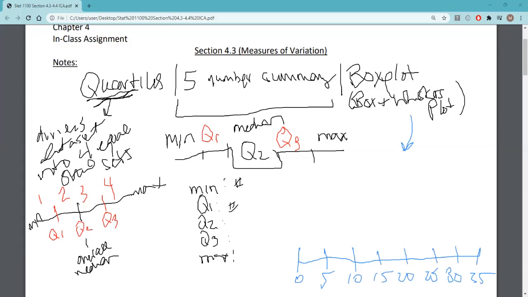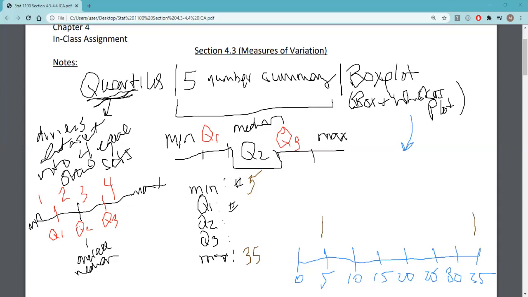And then I'm going to switch to brown here to show how our box plot would come into play. So what we're doing is we want to make sure that we have a line designated for our min. So let's say that our minimum of the data set is 5. Our maximum, and again, I'm just using hypothetical numbers here, is 35.